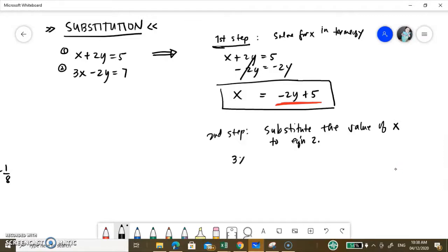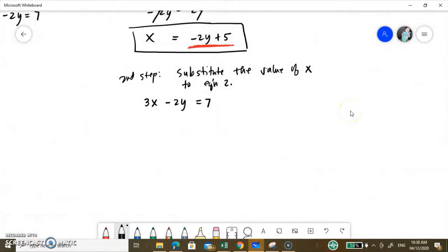Equation 2 is 3x minus 2y equals 7. Right? So, this x here, replace it with negative 2y plus 5. So, that would become 3 times negative 2y plus 5, because 3x is multiplication. Okay? Multiplication is the operation there. So, 3 times negative 2y plus 5 minus 2y, just copy, equals 7.